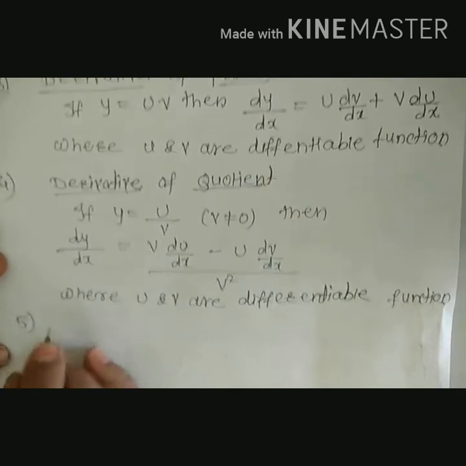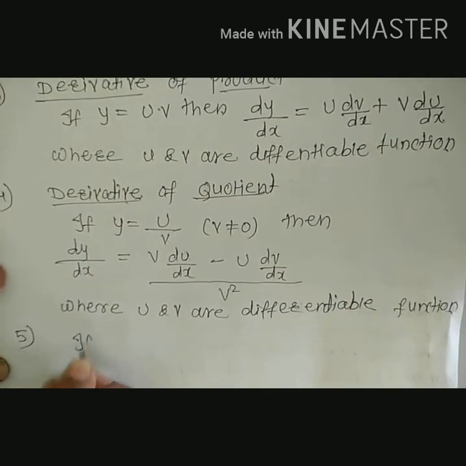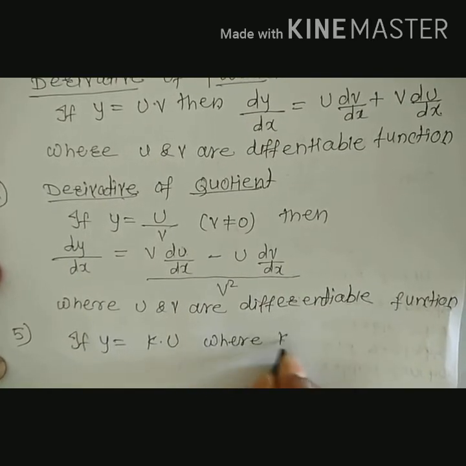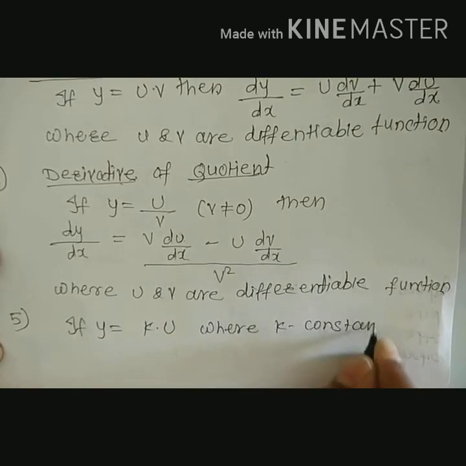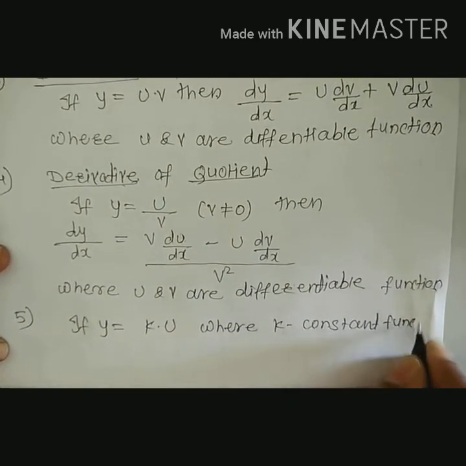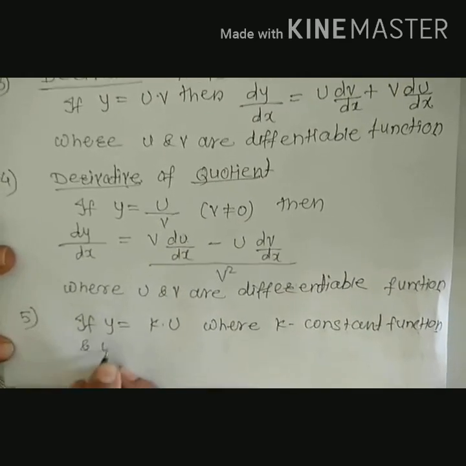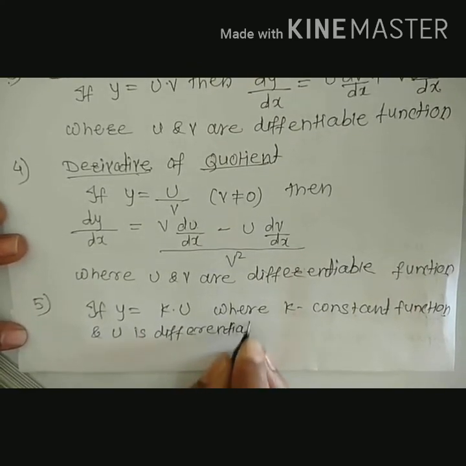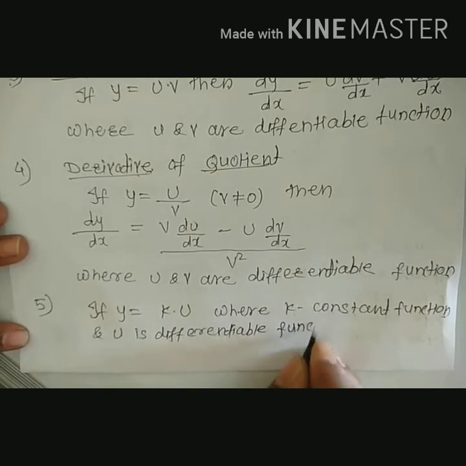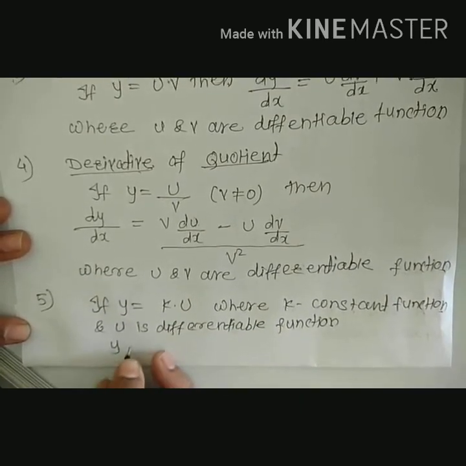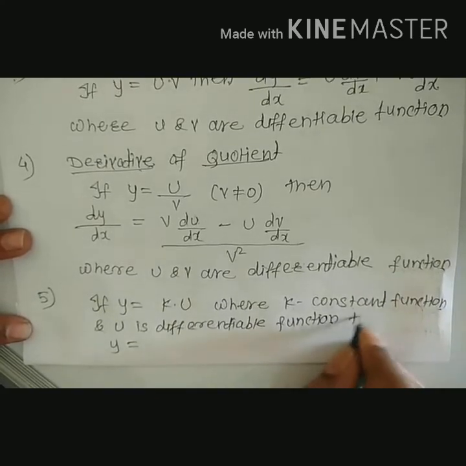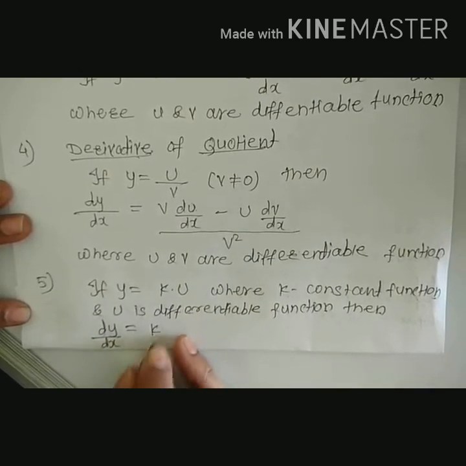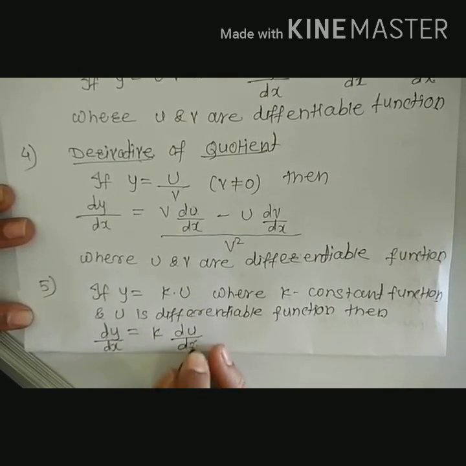Last is: if y equal to k into u, where k is a constant function and u is a differentiable function, then the derivative of y, means dy by dx, equals k as it is into the derivative of u.